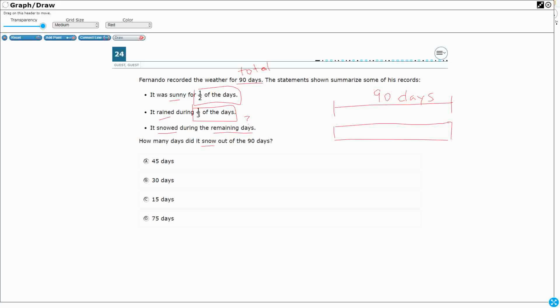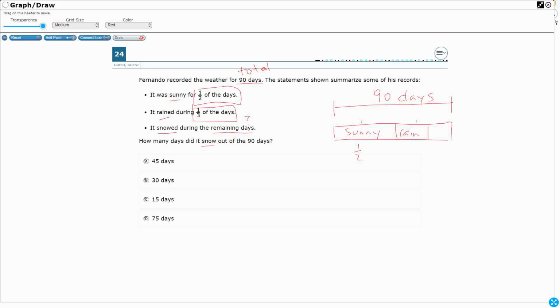The sunny is half, so I'm going to say that's sunny. That's half. Rainy is a third, not a third of what's left, but a third of the total. So if that's my 1/3, then my 2/3 would go right there. I'm guessing that looks close.